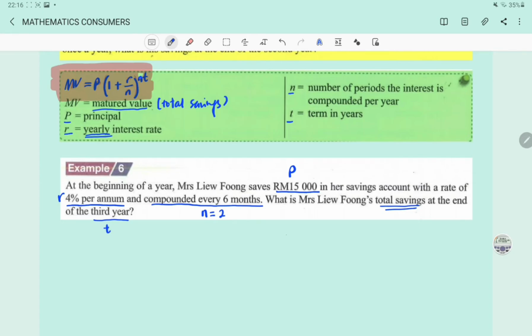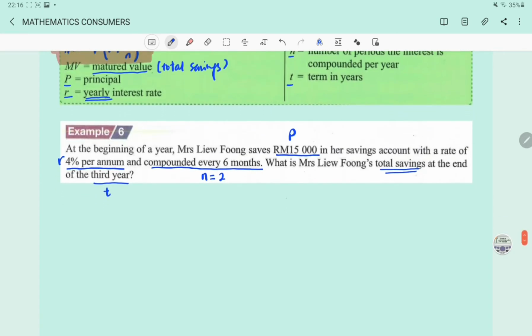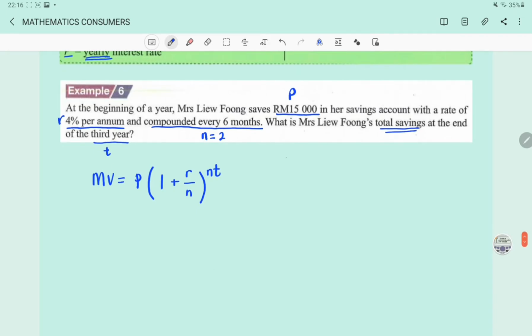How to calculate the total saving? The formula is MV equals P (1 plus R over N) to the power of NT. This formula you have to know, and you have to know how to apply it. Substitute the values.